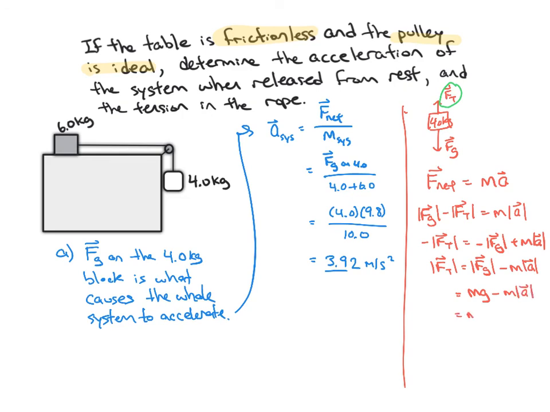I'll factor out the m again and fill in the values. So the mass of the block we're doing here is just 4 kilograms. And then we have 9.8 minus 3.92. I'll get that in the calculator. And to two significant digits, I get 24 newtons.